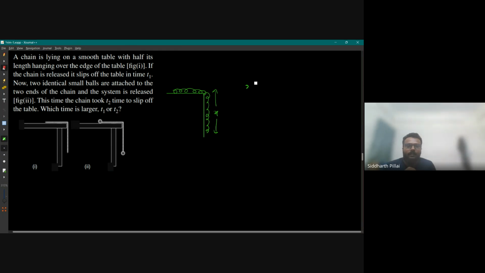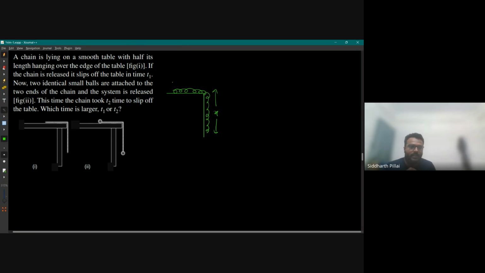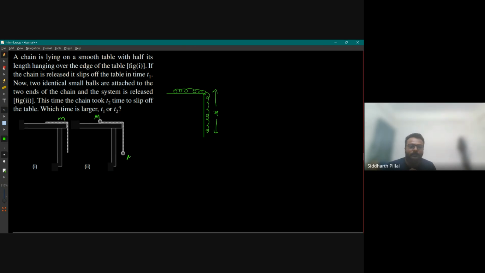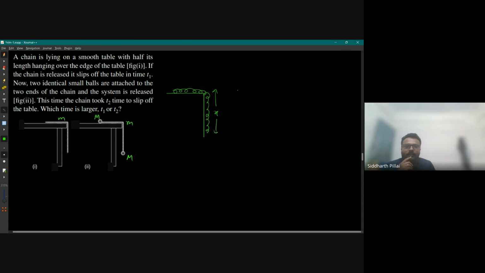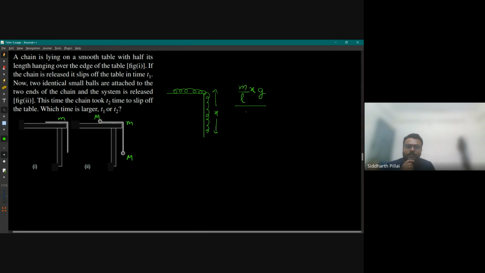Let's say mass of the chain is M and the mass of the two balls is capital M. Let L be the total length of the chain. So M by L into X is the mass of the hanging part, into G is the force, divided by the total mass, which is just M.